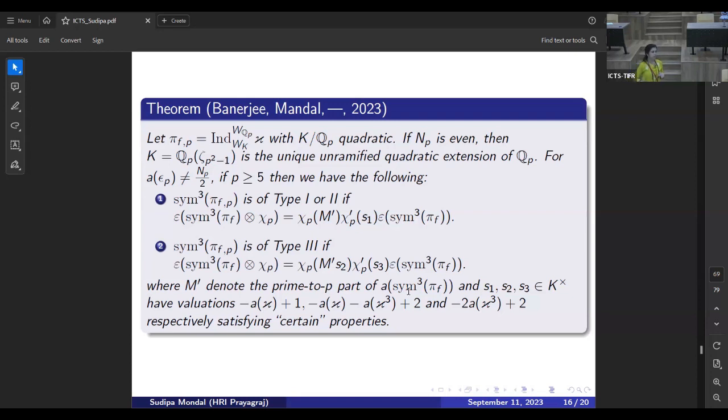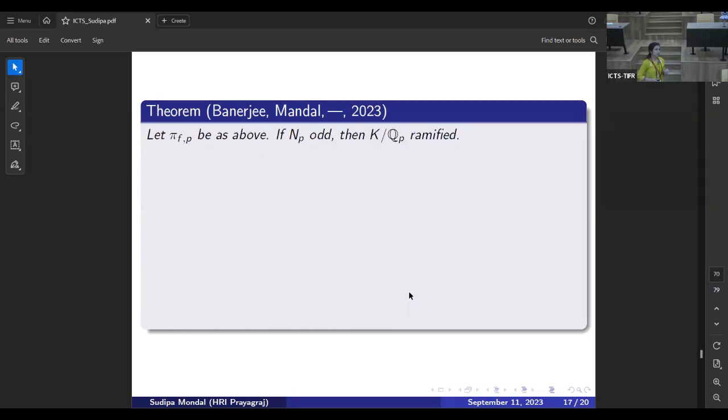And these numbers S1, S2, S3 are non-zero elements of K with valuation this. Also they satisfy some properties. Now here we have taken N_P to be even, and it is known that this is an unramified quadratic extension. If we take N_P to be odd, then it is also well known that this is ramified.